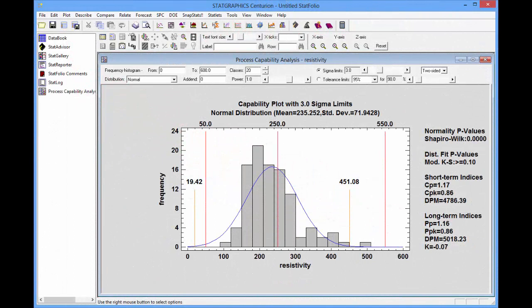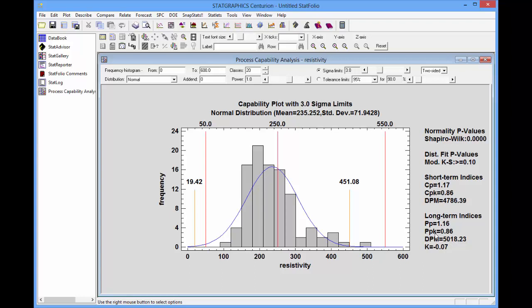Let's return now to the Statlet output. You'll see in the right margin of the graph calculations of short-term indices, those are capability indices, and long-term indices, those are performance indices. You'll see the values for Cp, Cpk, Pp, and Ppk.